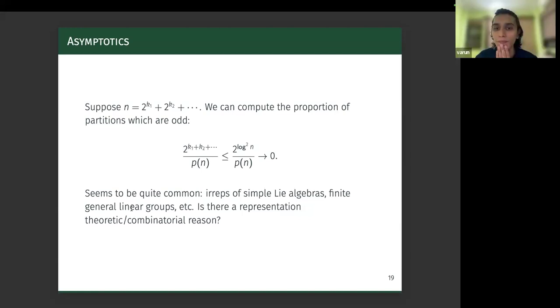So the only heuristic I have right now, which also doesn't seem to really work, is that in all these cases, when I say irreps of simple Lie algebras, what's going to infinity is the rank of the algebra. So not really the size anymore. So it's SL1, SL2, SL3, and so on, complex simple algebras. In all these cases, there's a natural way that the nth group or algebra sits inside the n+1st group or algebra.